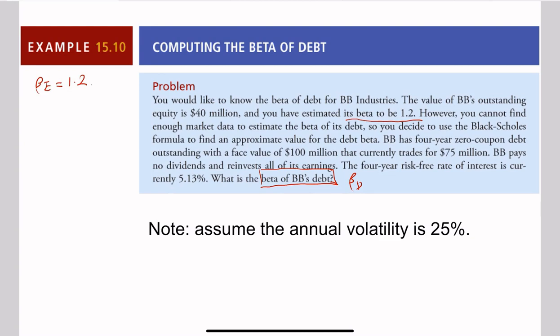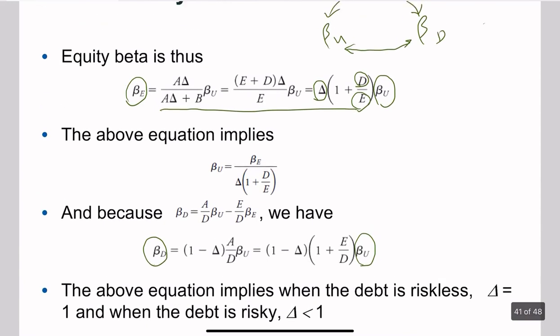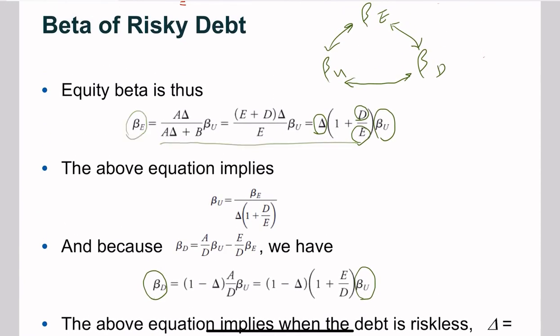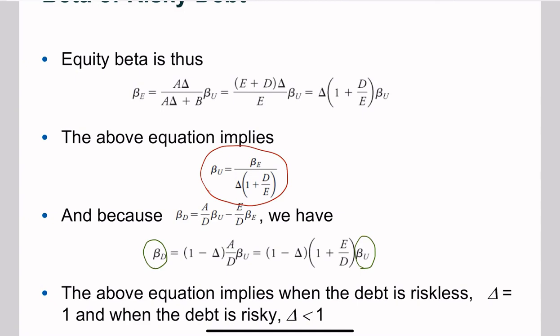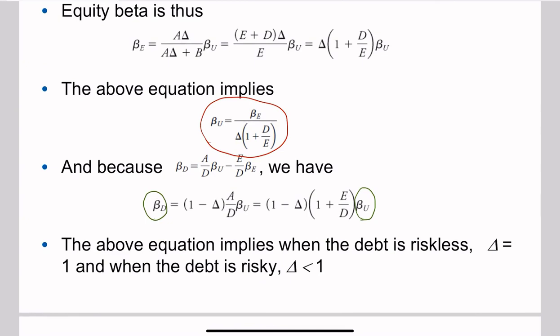So you can see that the idea is, from beta E, we can find beta U. And then from beta U, we can find out beta D. Now you can see that we can apply these formulas, right? I guess we should use the second formula. From the second formula, we know that if we have beta E, we can find out beta U. And we basically need delta, D, and E, right?